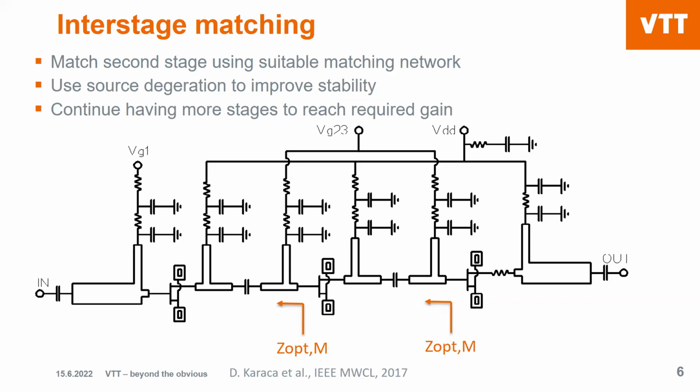If the first transistor has a lot of gain, we can also design the second transistor for gain matching, but here I have marked it as the optimum noise match. Then depending on how much gain you want from your amplifier, you add stages and continue this as much as you want in principle.